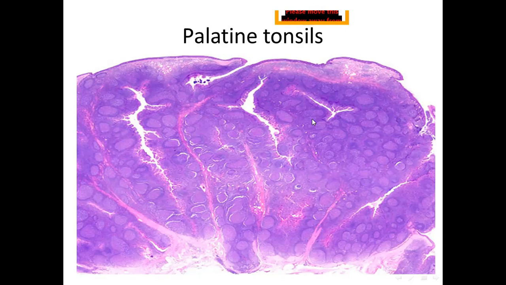Some of these follicles are secondary, having a germinal center like this, and the others are without a germinal center, like this. These are primary lymphoid nodules.